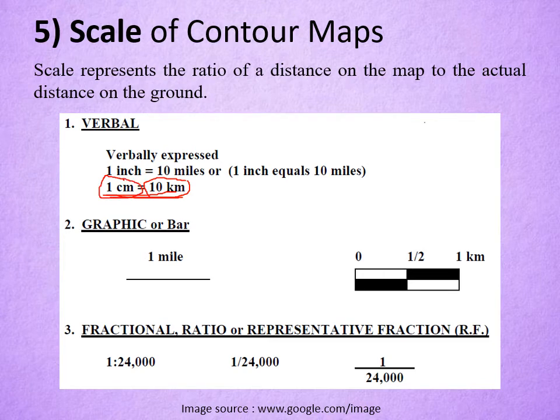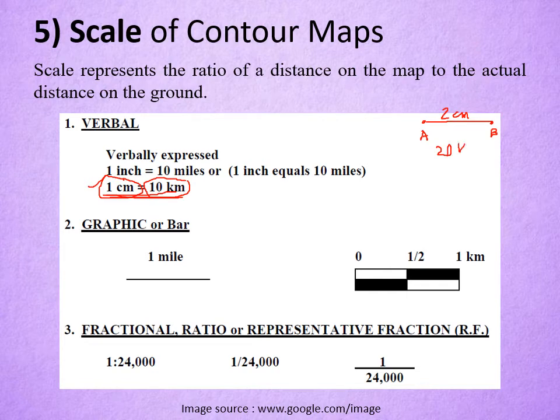So if there are 2 points in your map, say for example A and B, and in your map by the scale you measure the distance between these 2 points, say for example it becomes 2 centimeter. So according to this scale, if the distance between these 2 points in your map is 2 centimeter, then the distance between these 2 points in original, in ground, in actual will be 20 kilometer.